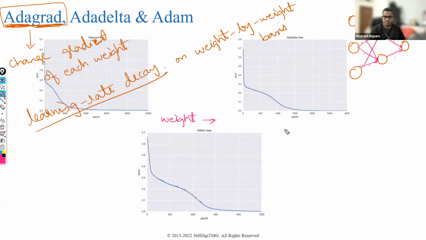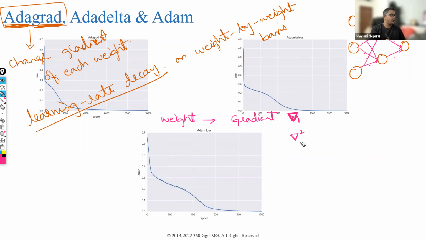what ADA-grad does is, it will take the gradient we use in that step. Gradient can be denoted using this symbol. You take the gradient at that stage, that means the rate of change at that step. For every weight, take the gradient that you use in that step and then square that gradient, and add it to the running sum.